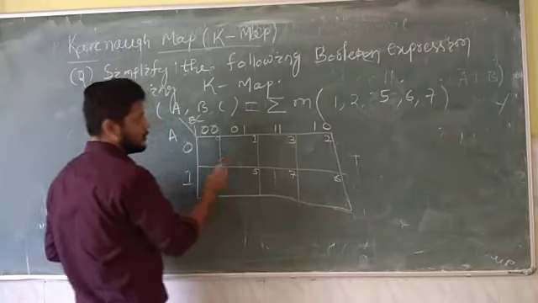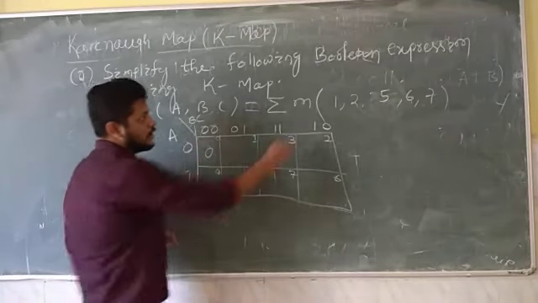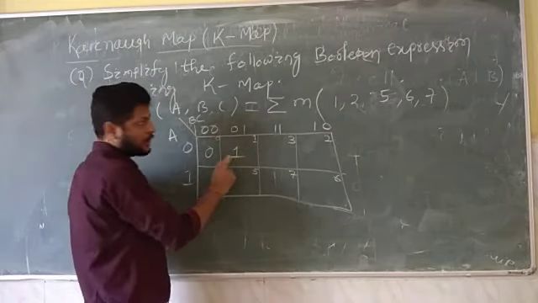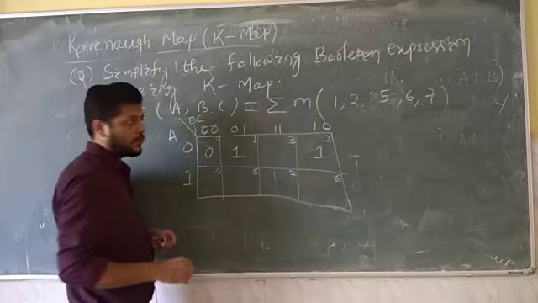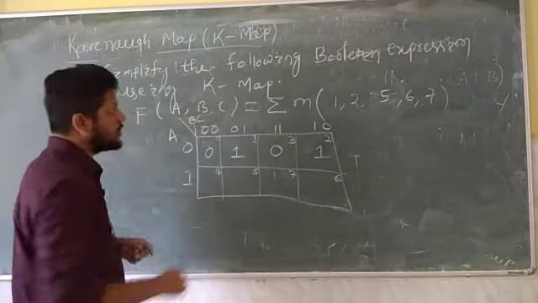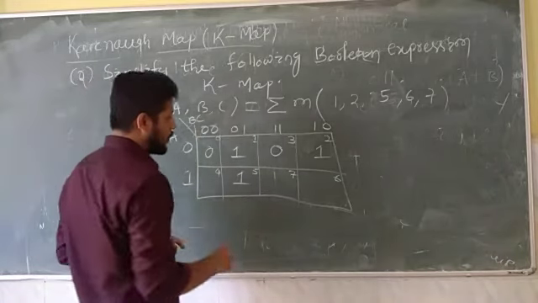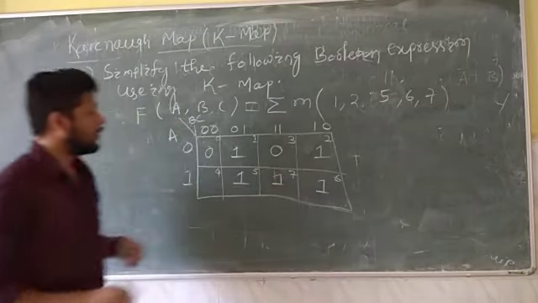Is 0 present? No, so 0. 1 is present, so inside that cell we write 1. 2 is present, yes, write 1. 3 is present? No, write 0. 5 is present, yes, write 1. Then 6 is present, 1, and this is 7.